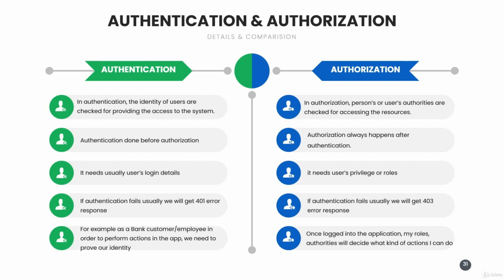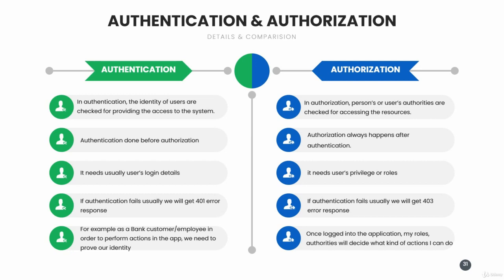In authentication, the identification of the user will happen. Suppose as an application architect, if I want to secure my application, in my login page I will ask my user, prove your identity, like with your email address and password, and that's authentication.